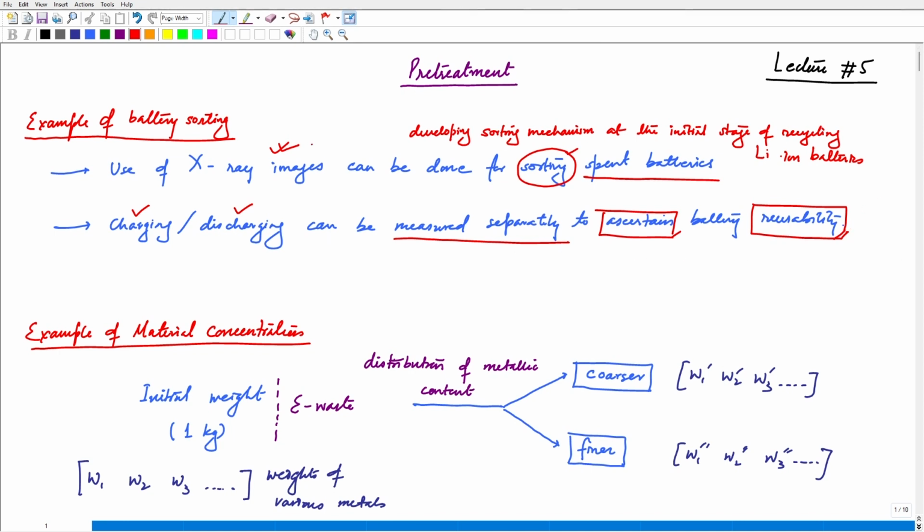So, the initial sorting step could be done by X-ray imaging followed by charging and discharging, and this could help us in developing further process steps.